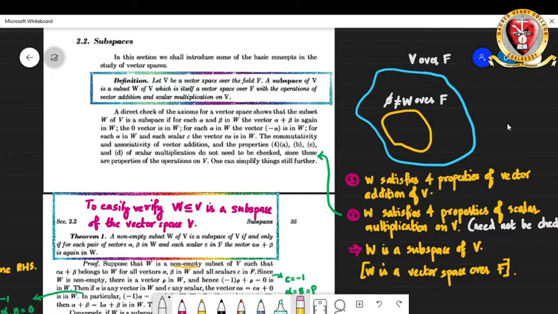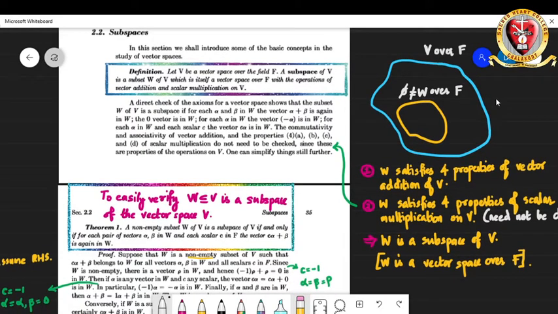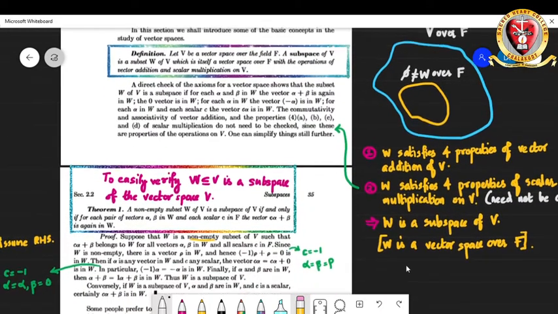So we were just saying that if we find the first three properties of our vector addition, that is enough for us. So the rest of them will hold. Okay.